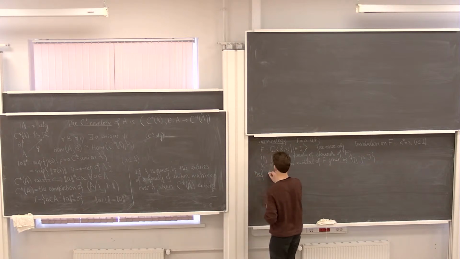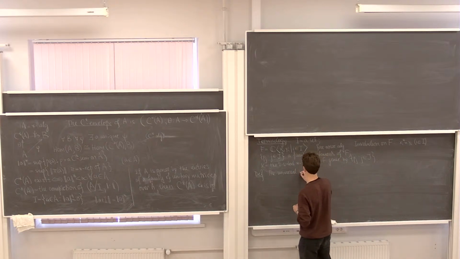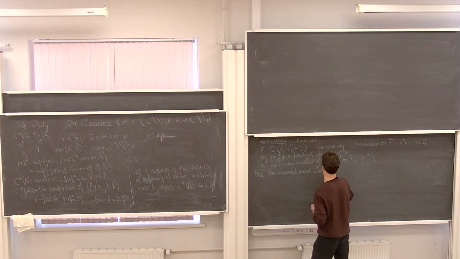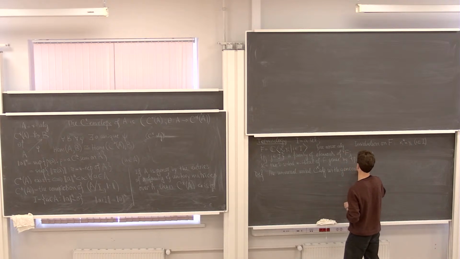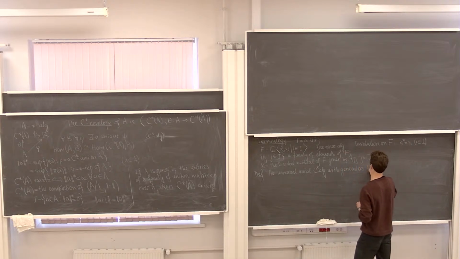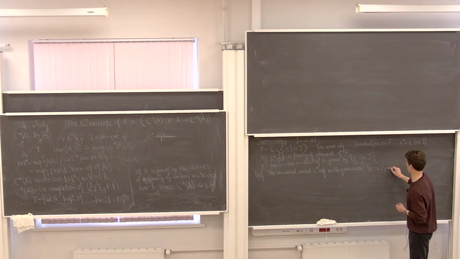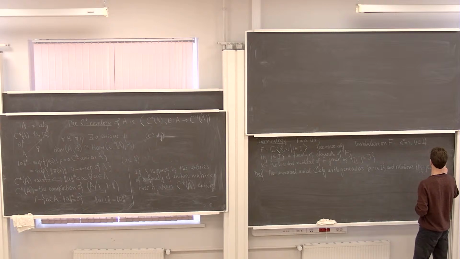We define the universal C-star algebra, or more exactly, the universal unital C-star algebra with generators xi and relations Pj, to be the following C-star algebra.